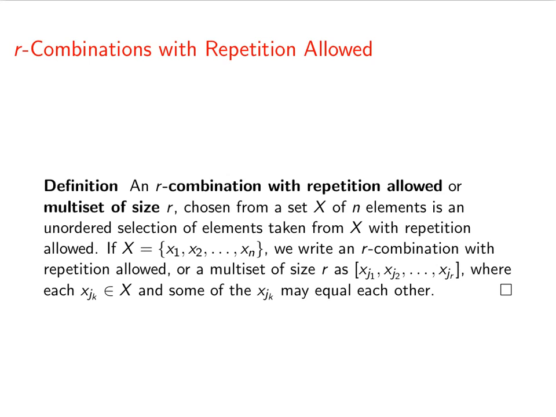So if X is the set containing x1, x2, all the way up to xn, we're going to write an R combination with repetition allowed, or a multiset of size R, as x sub j1, x sub j2, all the way up to x sub jr, that's enclosed in brackets, where each x sub j is an element of big X, and some of the x sub jk's may equal each other.